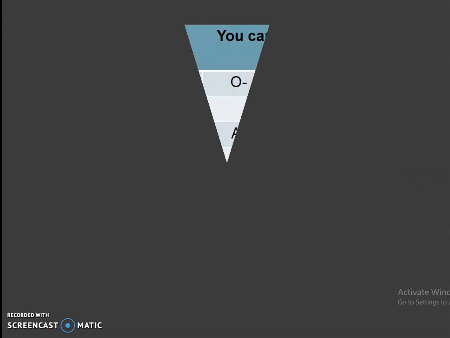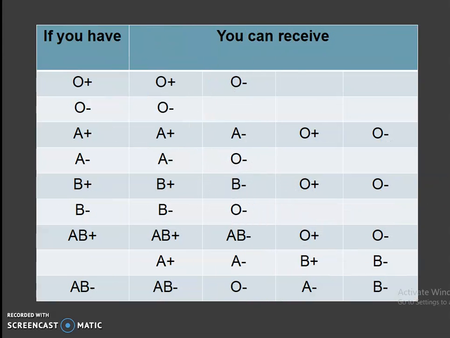One more important point with respect to transfusion of blood is compatibility. Before transfusing blood to the recipient, we check the compatibility of the recipient as well as the donor's blood.